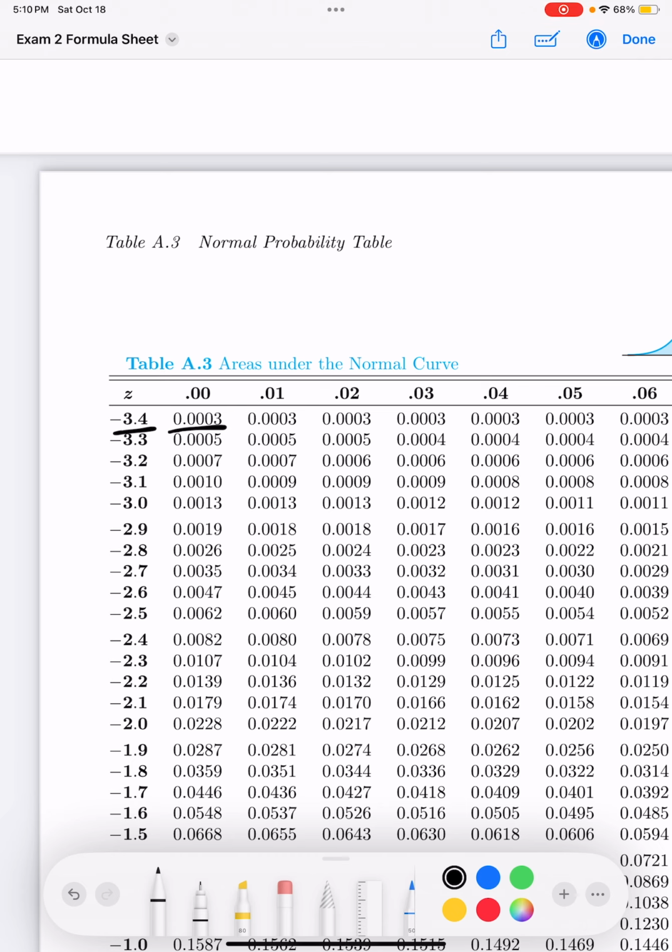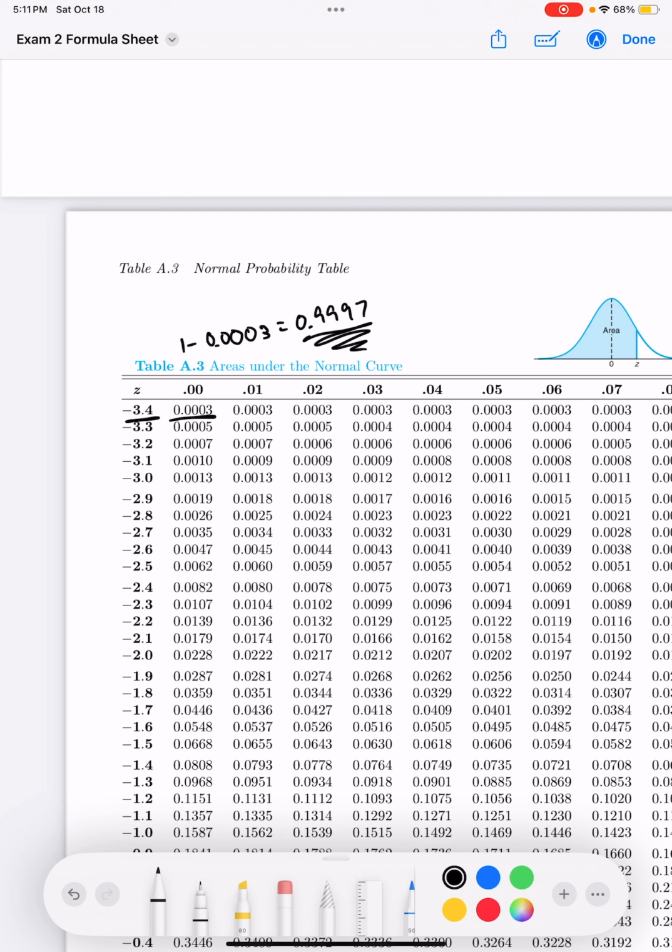But since we're looking for our probability that z is greater than our test statistic, then we're looking for the value to the right of the curve. So our value should actually be 1 minus this value, so it's 1 minus 0.003, which is 0.9997, and this is already a huge value, and this isn't even all the way to our negative 6.32.